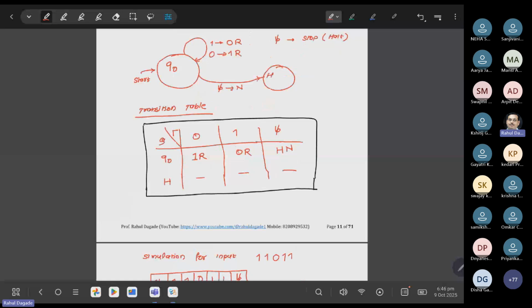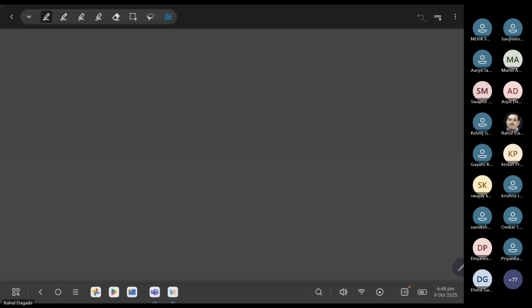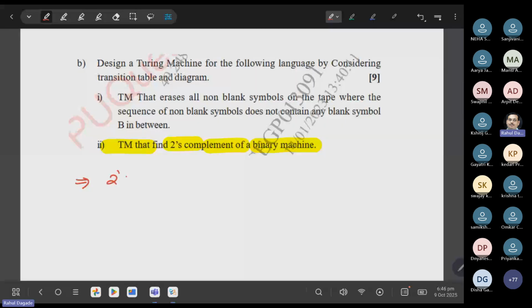So what is 2's complement? So first do 1's complement, and then add 1 to it.